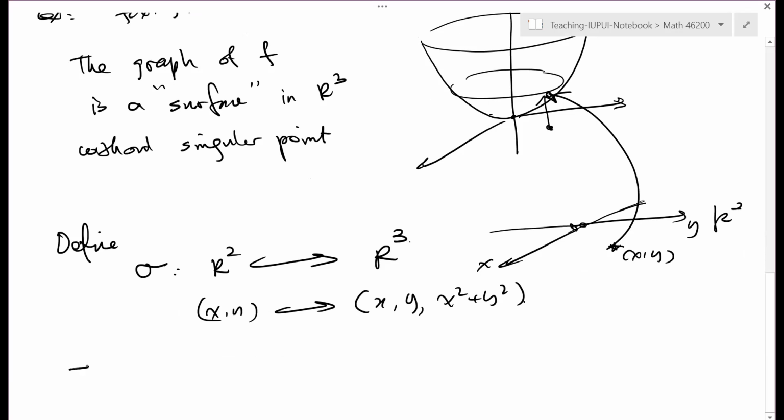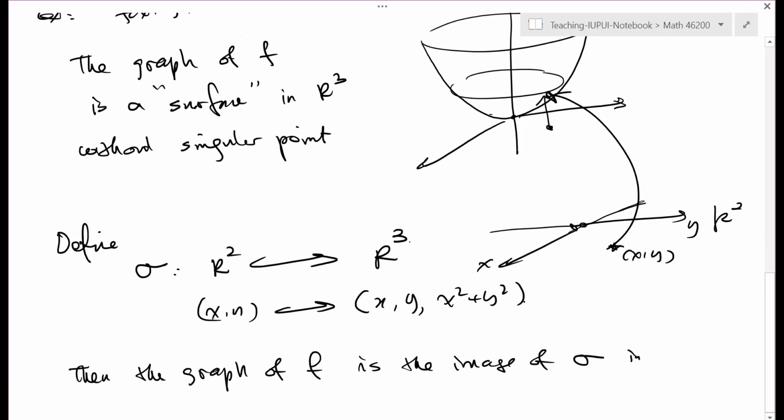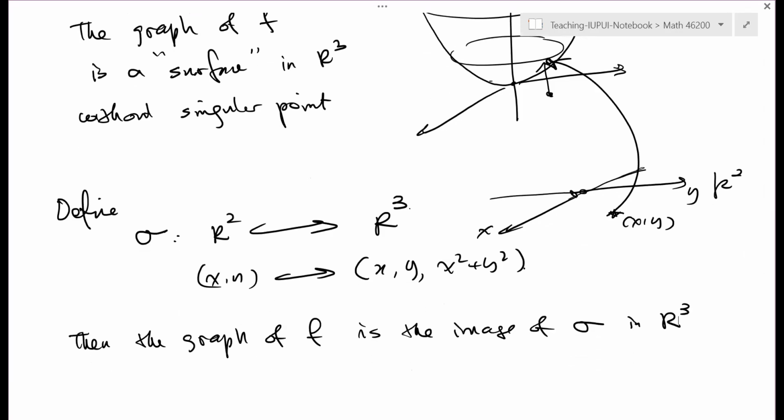Then the graph of f is the image of sigma in R3. So you get a map from R2 to R3, and the image is the paraboloid. So this graph is covered by one single map.